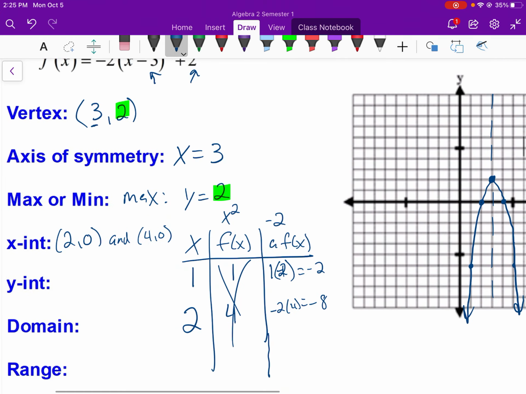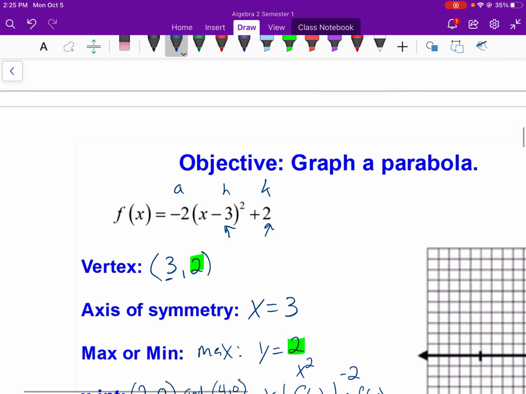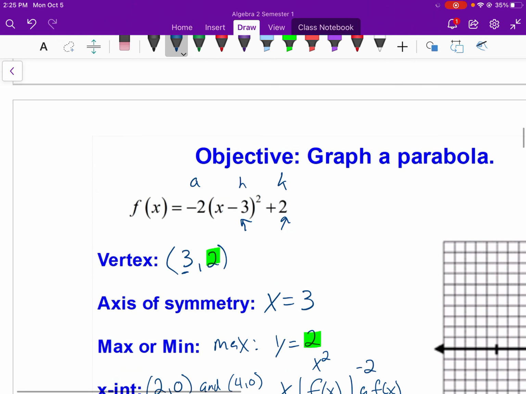Okay, y-intercept, this is when x is 0. So to find the y-intercept, we would actually have to go in and plug 0 into x. So I'm going to work that on above. So y is equal to negative 2 times 0 minus 3 squared plus 2.